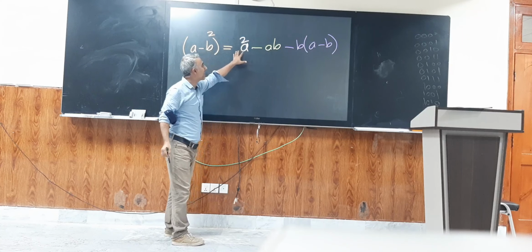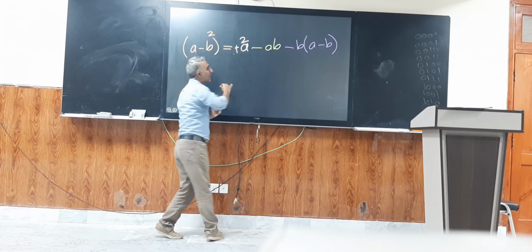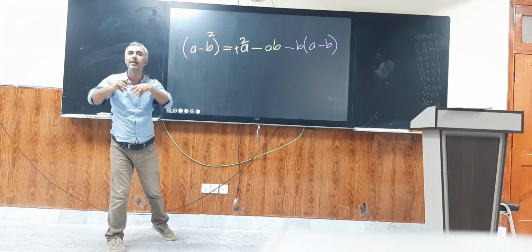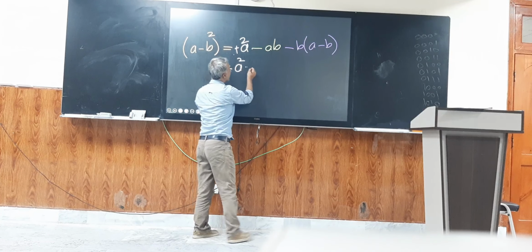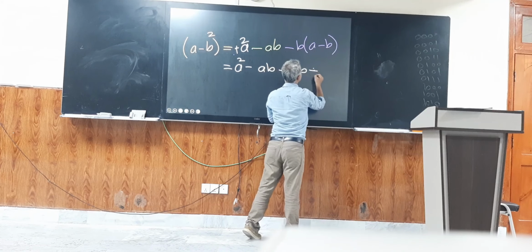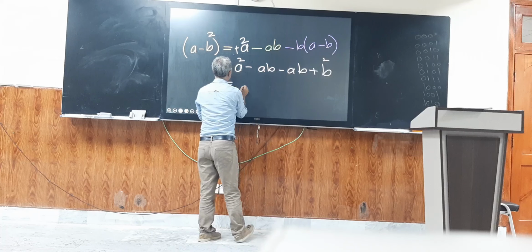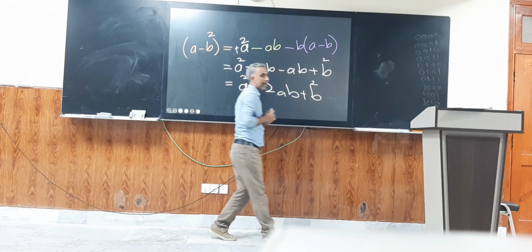Remember this one is the plus. We will subtract away AB, and another part, this one. Then let's go: A square minus AB minus AB plus B square. So A square minus 2AB plus B square.